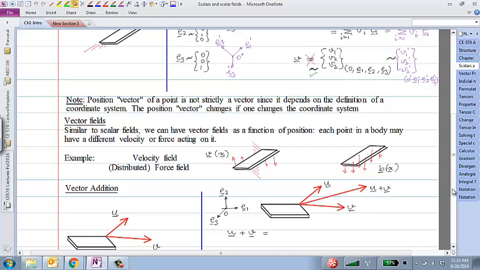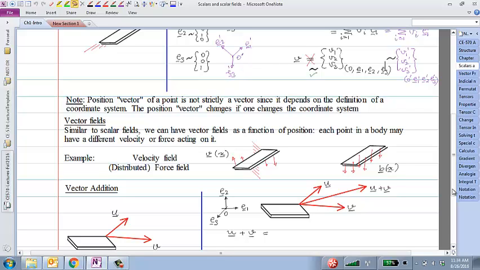A couple of notes here, as it says in your notes, the position vector. We are used to calling, at some point in space, say point P, which has some coordinates, the position vector of that point the vector that goes from the origin over to that point. Now, is that a vector in the way that we have defined it?